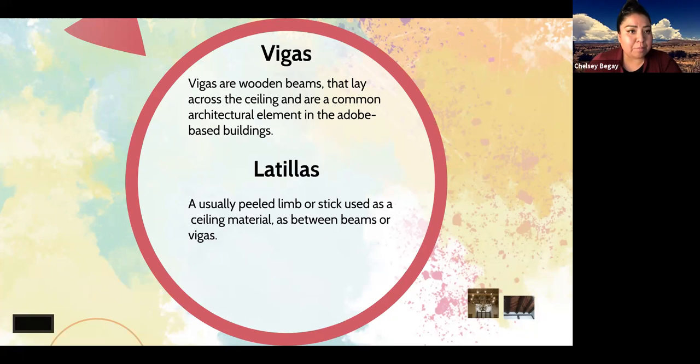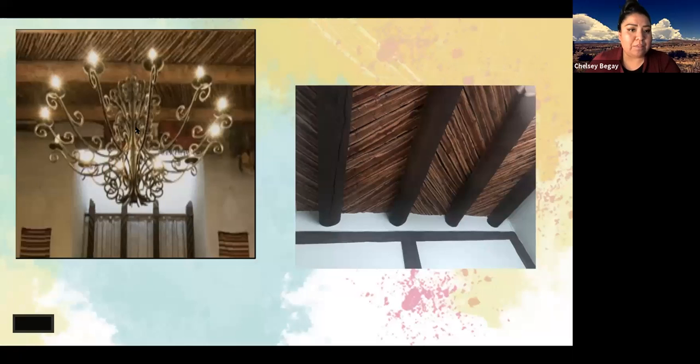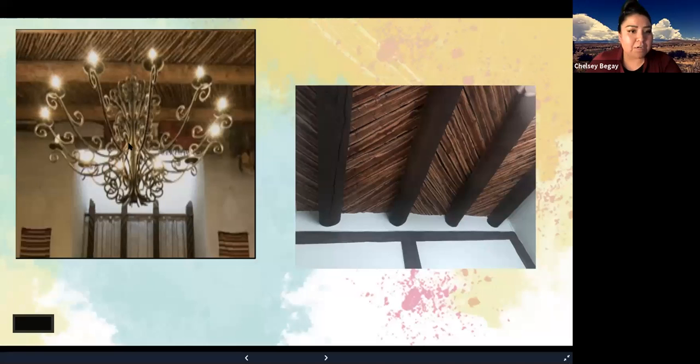So I'll show you a couple of examples of what that looks like. The picture on the left with the lights here, you can see the vigas. They're the huge rounded elements in the picture, and the latillas are the smaller ones that are between the vigas.